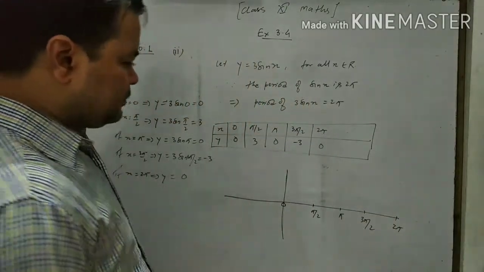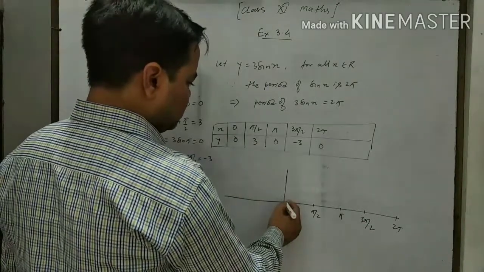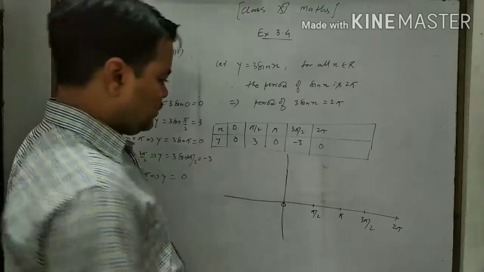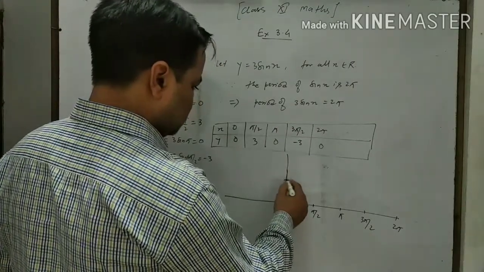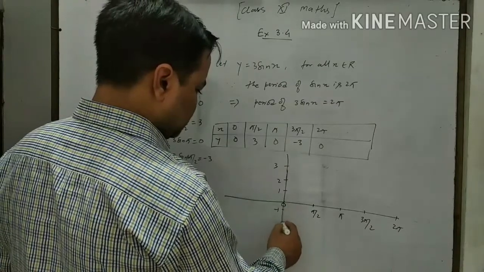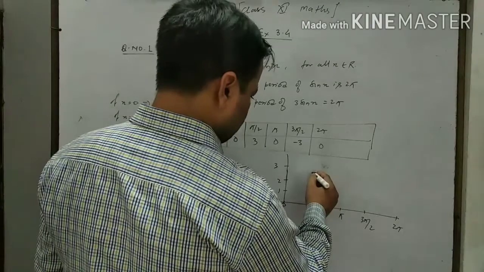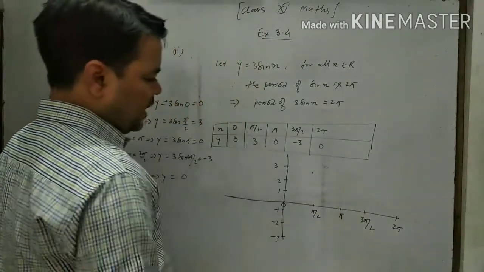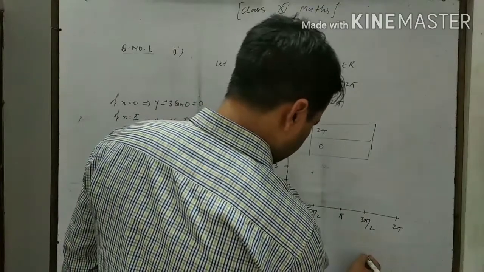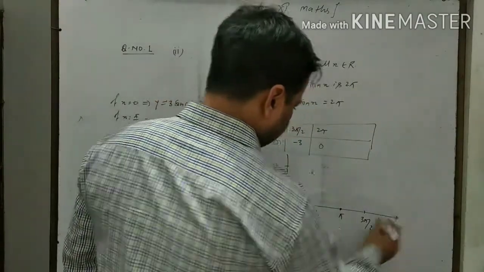If x is equal to 0, then y is equal to 0. If x is equal to pi by 2, then the value is 3. Here this is 1, 2, and this is 3. Similarly here minus 1, minus 2, and minus 3. At pi its value will be 0, at 3 pi by 2 its value will be minus 3, and at 2 pi again 0.